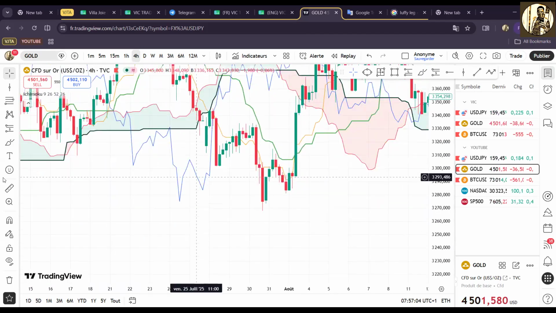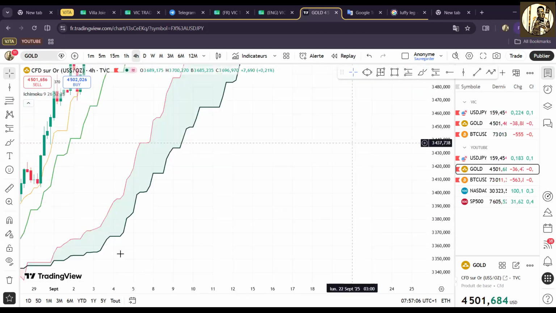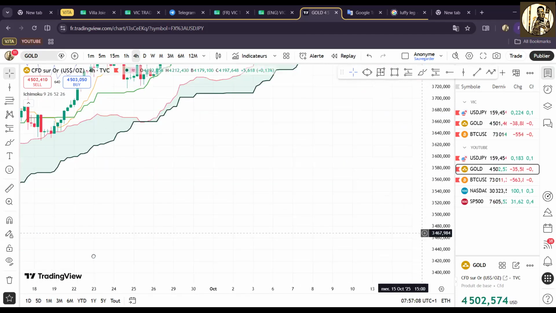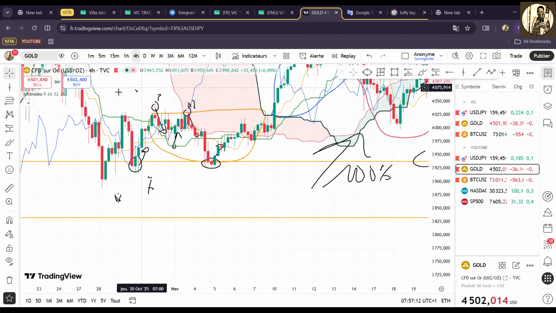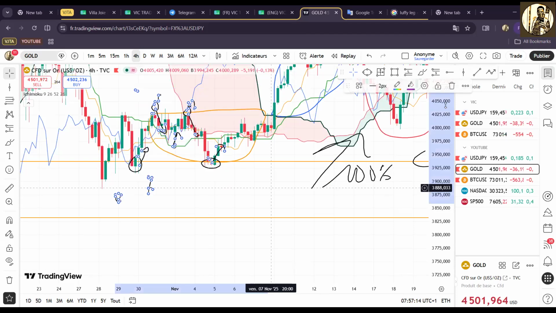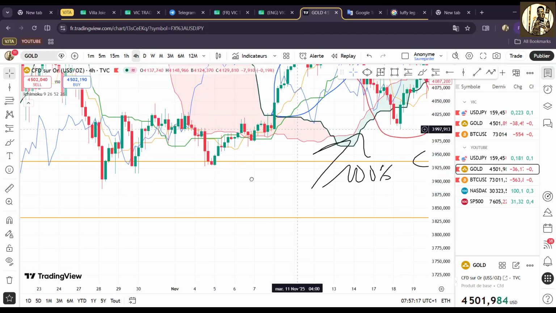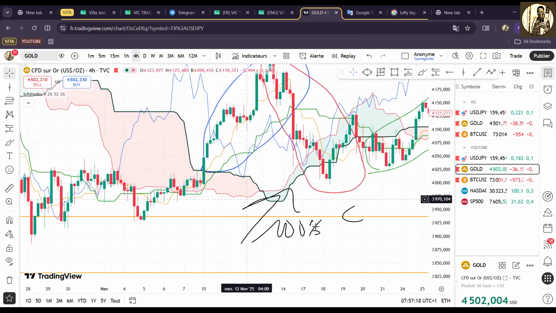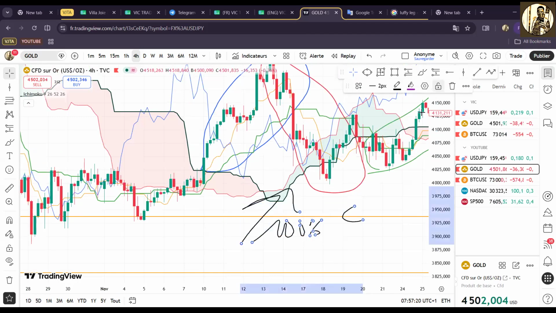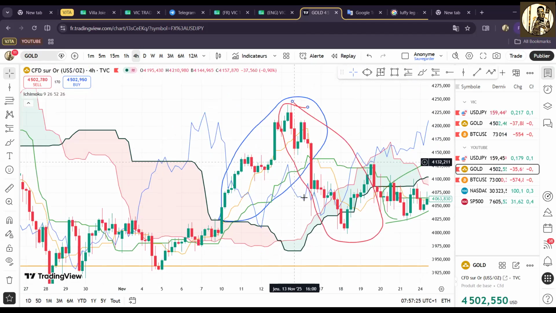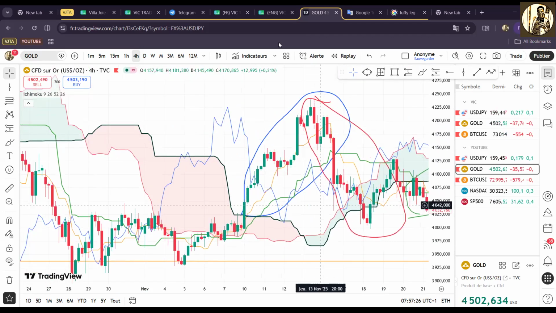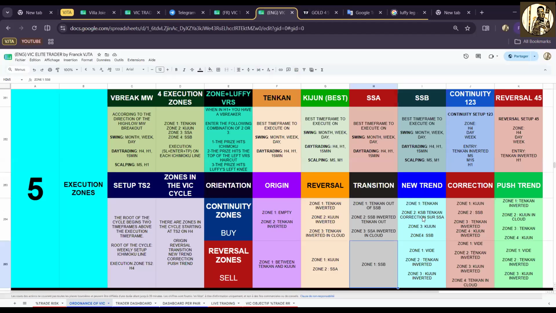That's what I wanted to emphasize for transition. Let's go back to our main example. So now, when it is about looking for zones on the new trend, right?